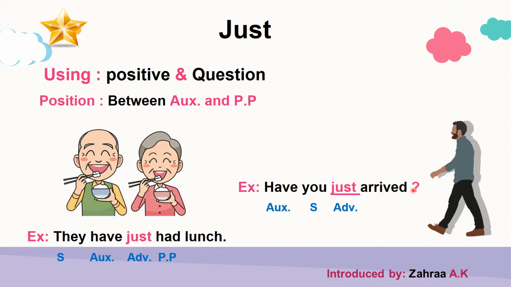Because in the question way we change the auxiliary verb so that it comes at the beginning of the sentence. يعني بما أنه في حالة السؤال لازم الموقع يتغير، فيصير الفعل المساعد بالبداية بعدين الفاعل. إذا راح يتغير موقع just راح يكون ما بين السبجكت والpast participle، فقط في حالة السؤال. So it becomes: have you just arrived.